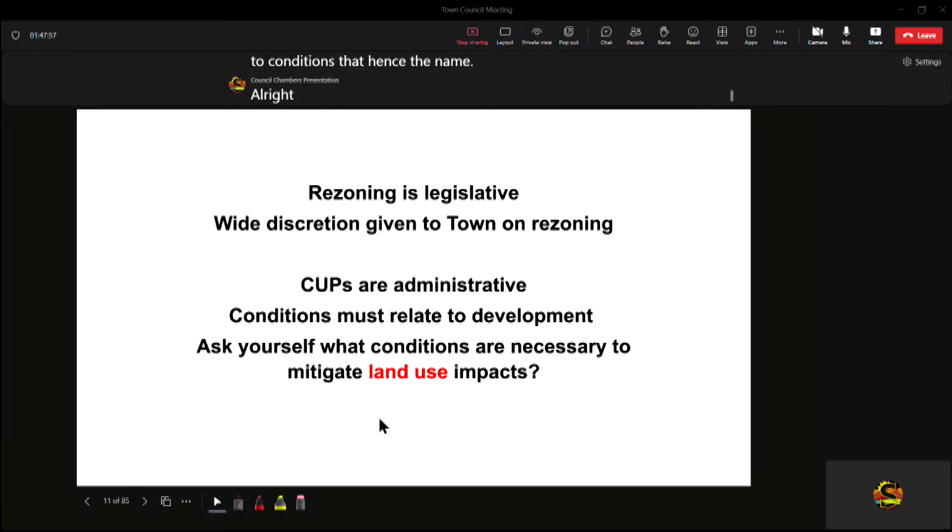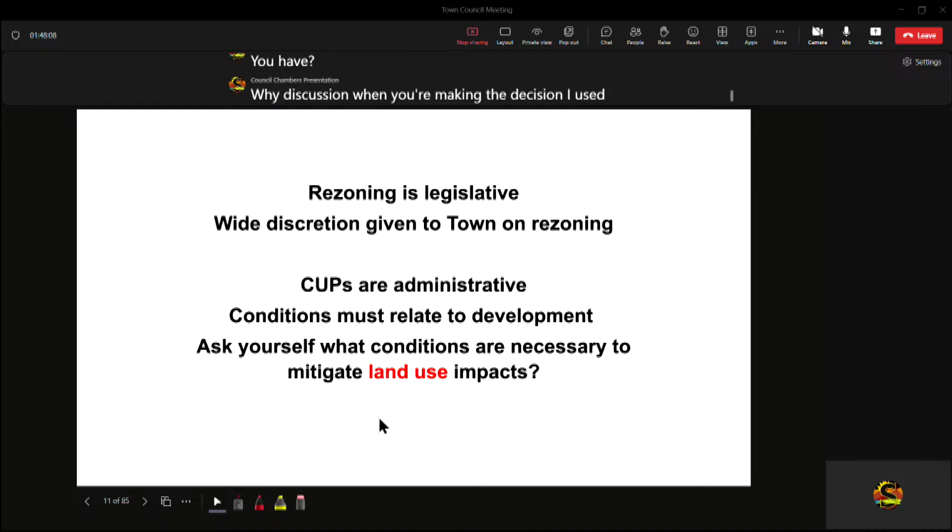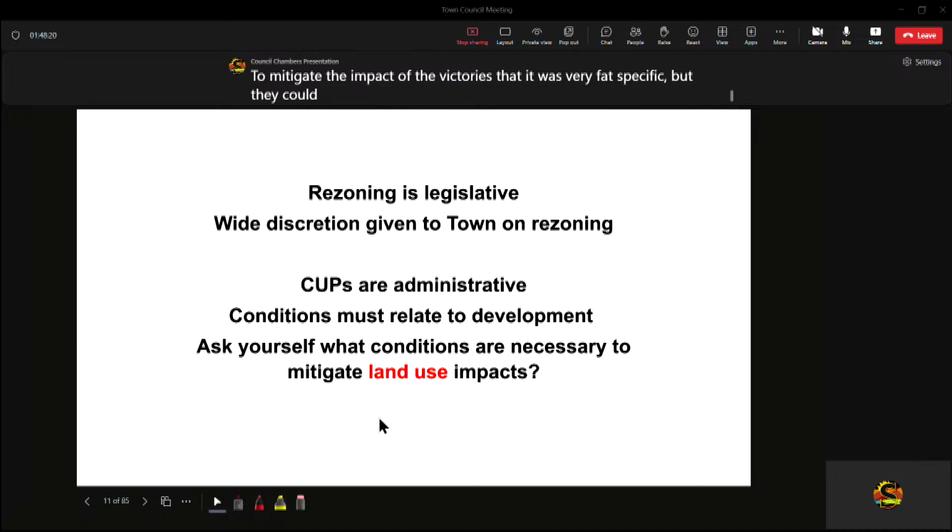I talked about this a little bit earlier, this is sort of a different way to look at it. Rezoning is legislative. You have wide discretion when you're making the decision. A use permit is administrative, so you look at conditions to mitigate the impacts of the particular use. It's very fact specific, but the conditions must relate to the development.